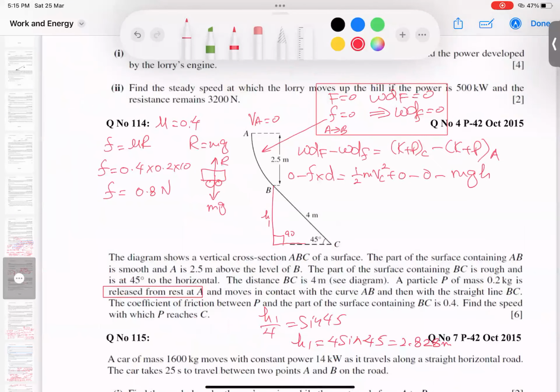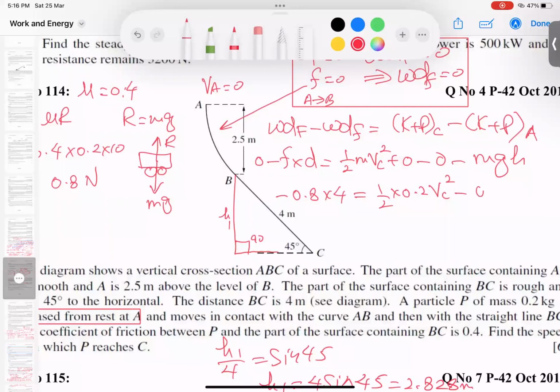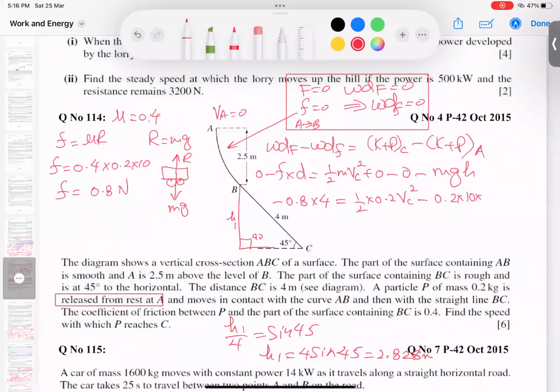Okay, let's apply the formula. All of you know it. This is the friction force: 0.8, and the distance is 4 meters. So I'm writing here 0.8 times 4 meters, equals half into the mass, which is 0.2, and velocity of C is my target, plus mass 0.2, g is 10, and h is very interesting.